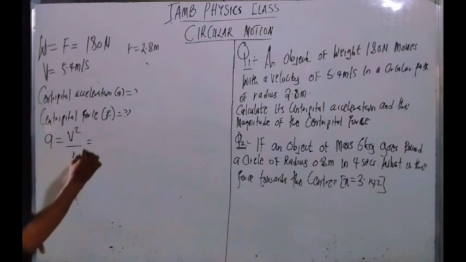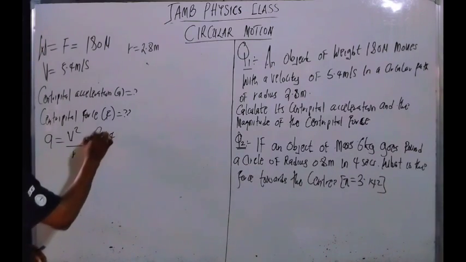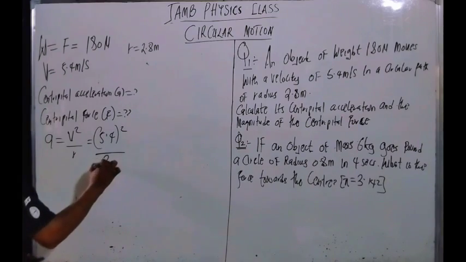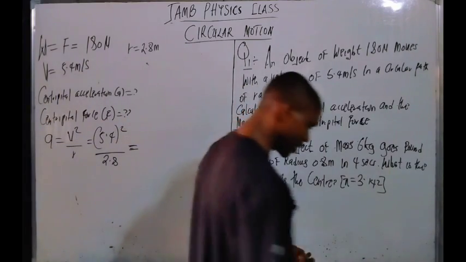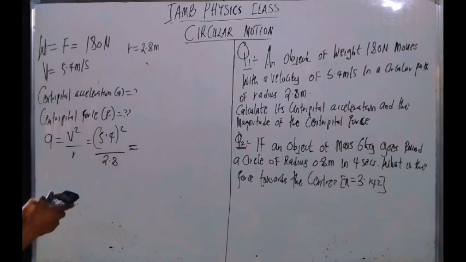So we're going to have 5.4 all squared over 2.8. What will be the answer? 5.4 squared divided by 2.8.